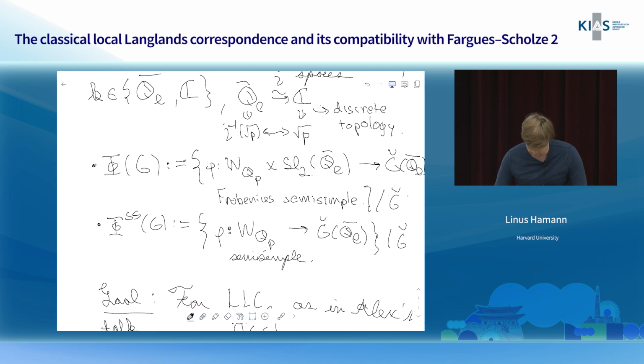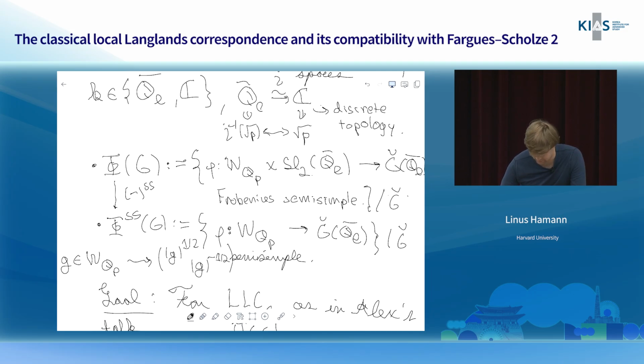So in particular, there's a map from the set Phi_G to the set Phi^ss_G. Basically, that's done by killing this SL2 factor in a way that gets rid of the unipotent part. So there's some map over here, and this is given by sending some element in the Weil group of Q_p and then mapping it to this determinant 1 matrix where this absolute value sign denotes the norm character.